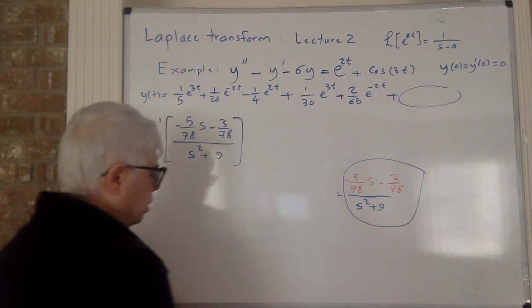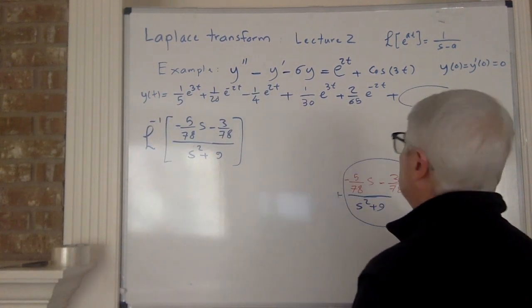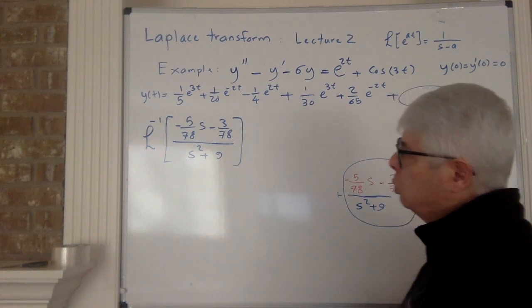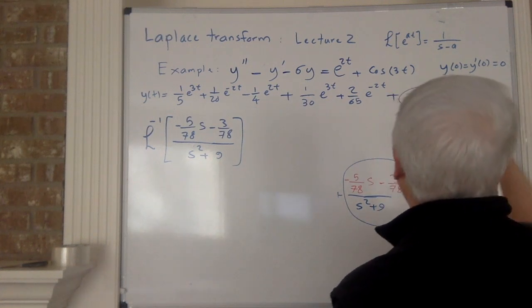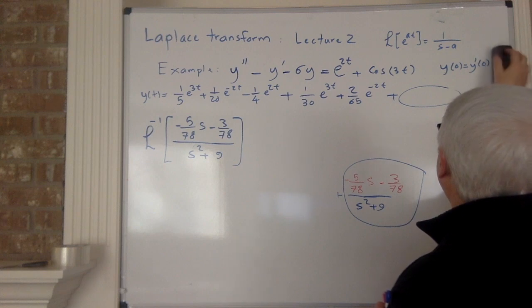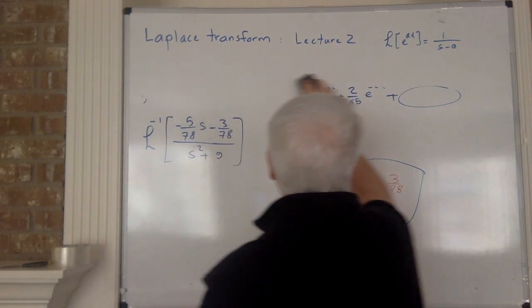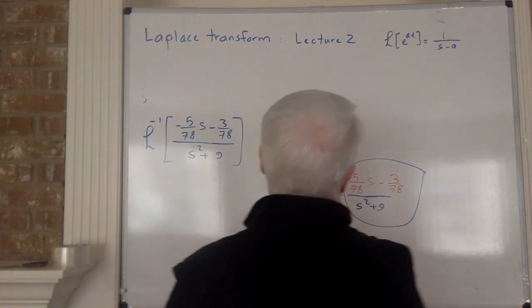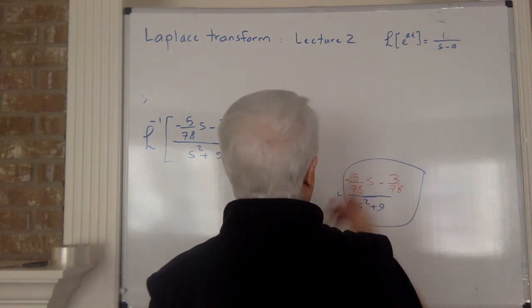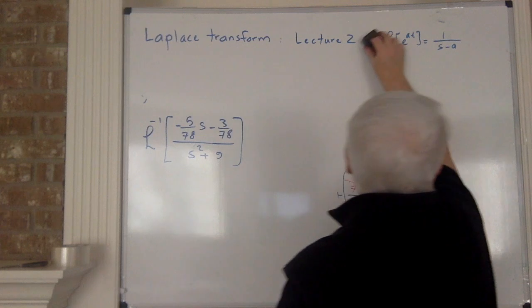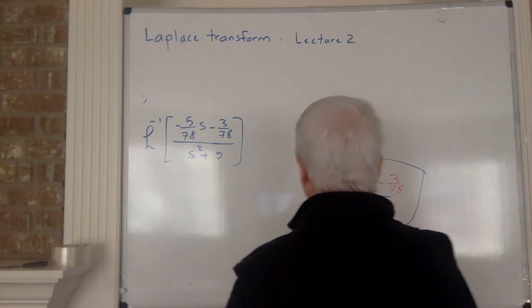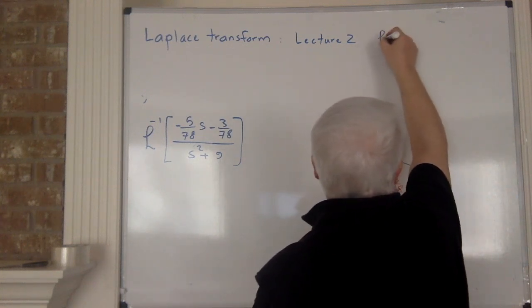Let me look at the table and see if there is anything which has s squared plus 9 in the denominator. And remember that I have cosine 3t and sine 3t. I need cosine and sine.